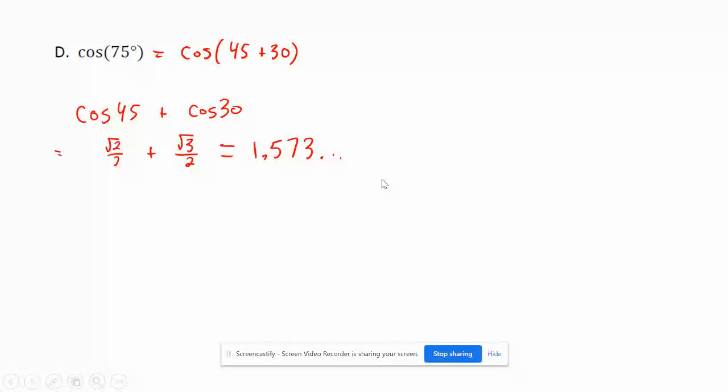We learned that a cosine ratio has to be between -1 and +1. Already we're having a problem, because this one is 1.57, which is outside of our range. And if I just go cos 75, you get cos 75 equals 0.2588.